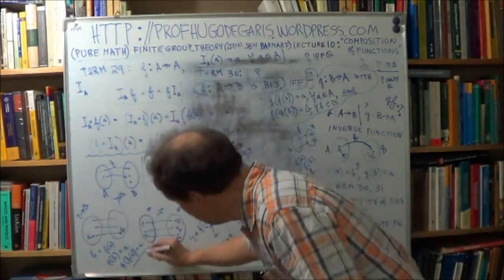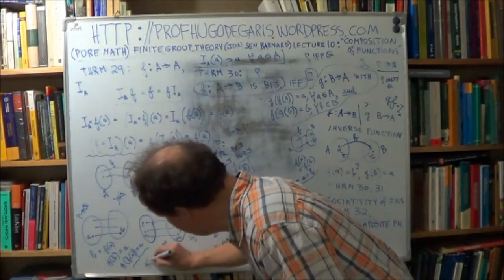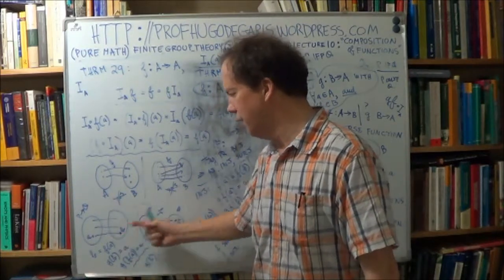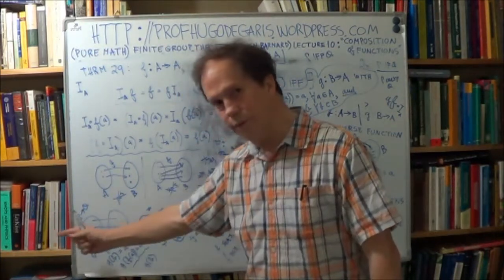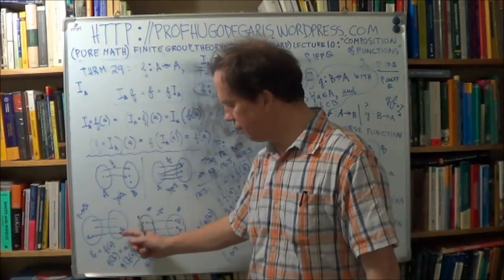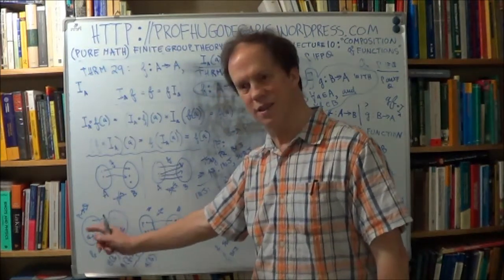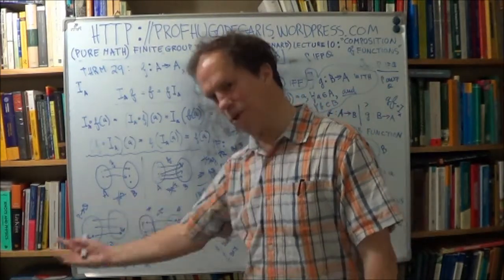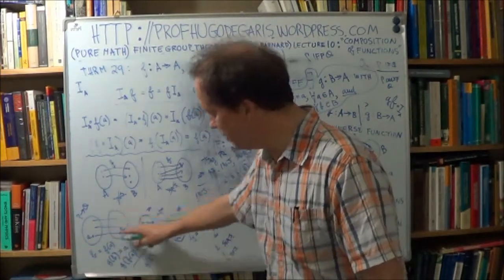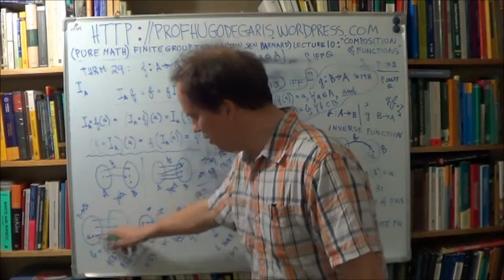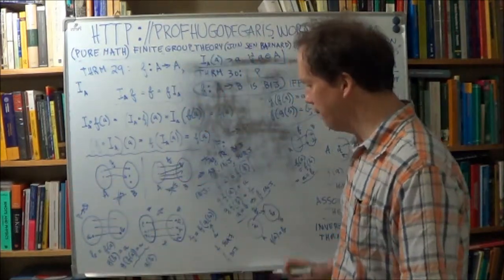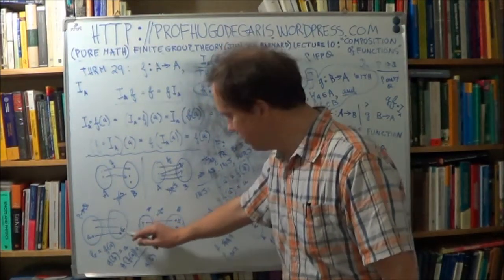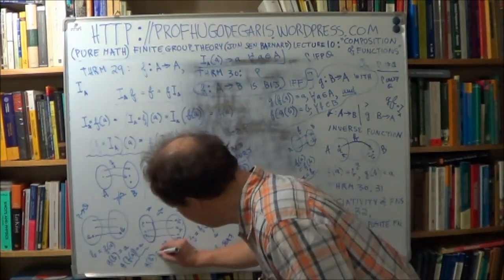So G of B: you're applying to little b a function going that way, from right to left, from codomain to domain in a manner of speaking, although with respect to function G, it's the other way around. This now is your domain, and that becomes your codomain when you go that way. All right. So if you apply the function G to this little b, you'll get A. Okay. So you've got that.